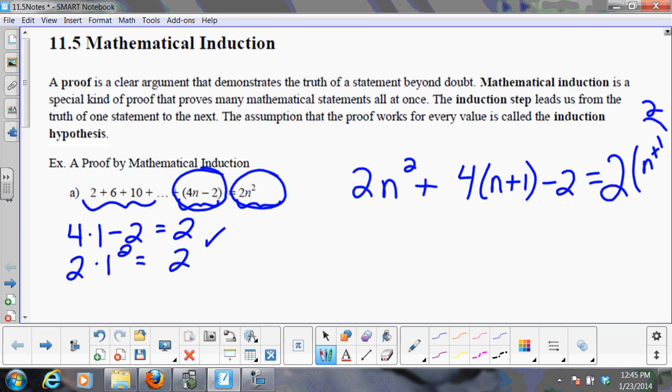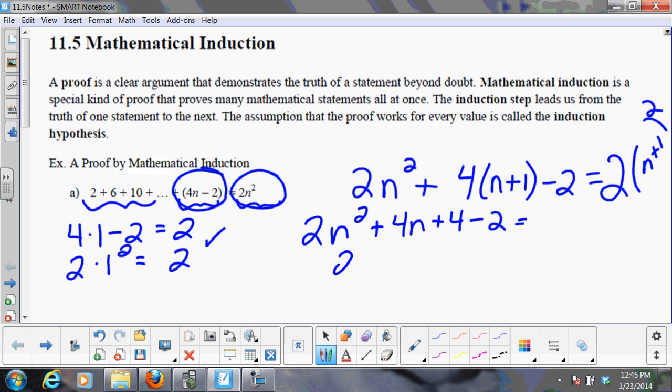You start with your summation, add whatever formula they gave you for the nth term, add another term, so an n plus 1 to it, and that should equal the summation formula, but for the next term, which is n plus 1s. And then now we just have to prove that the right side and left side are equal. So we're just going to keep going with our math. You know, distribute.